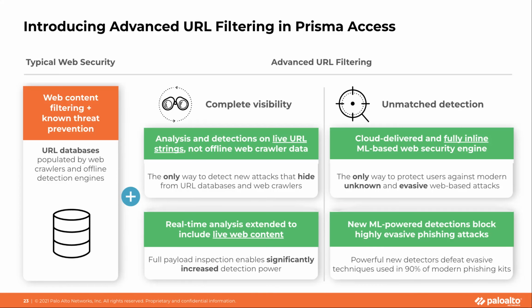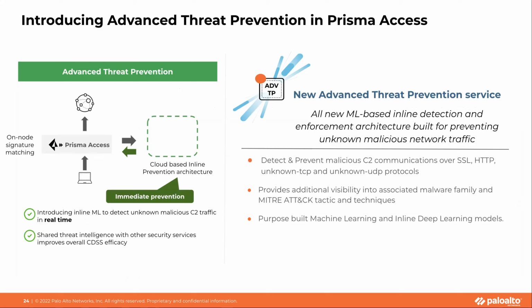Moving next to advanced threat prevention. With advanced threat prevention, we are the industry's first IPS to stop unknown command and control attacks. What we are doing is detecting and preventing command and control communication over SSL, HTTP, all kinds of traffic.